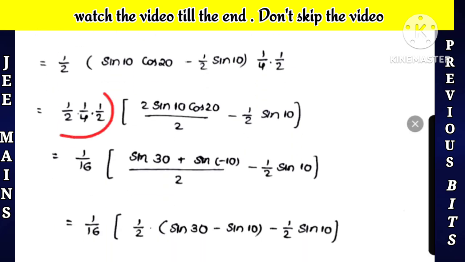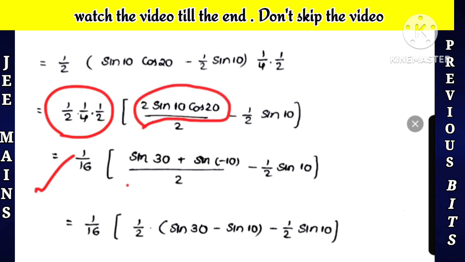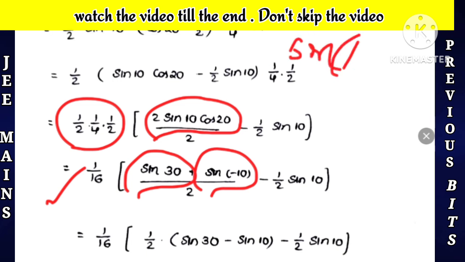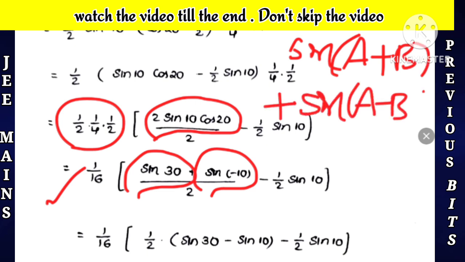Now this is 1/16. Now this is 2 sin A cos B. What is the 2 sin A cos B formula? It is sin(A + B) + sin(A − B). What are the A, B values? Here A is equal to 10° and B is equal to 20°.